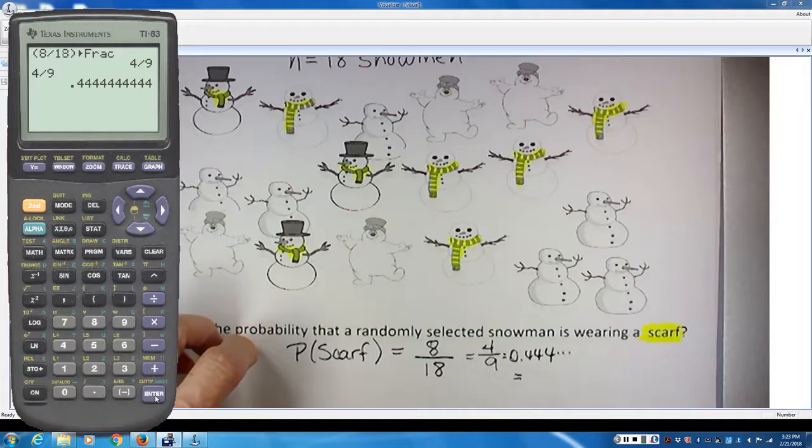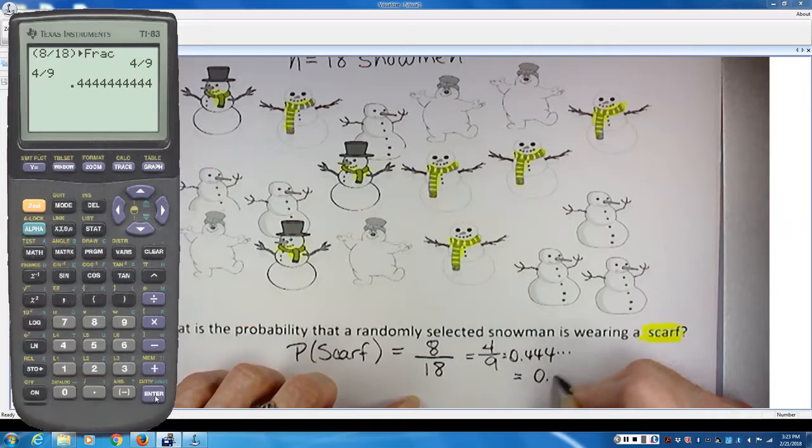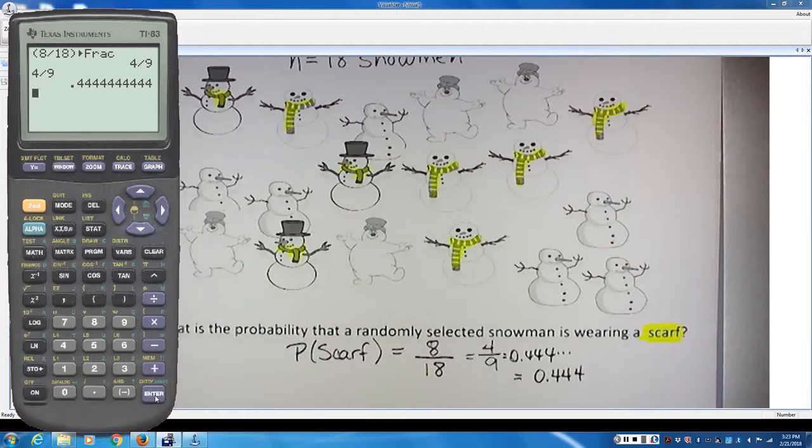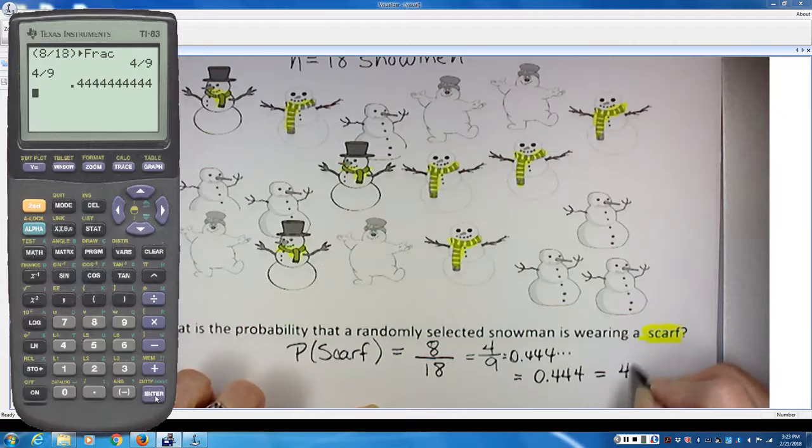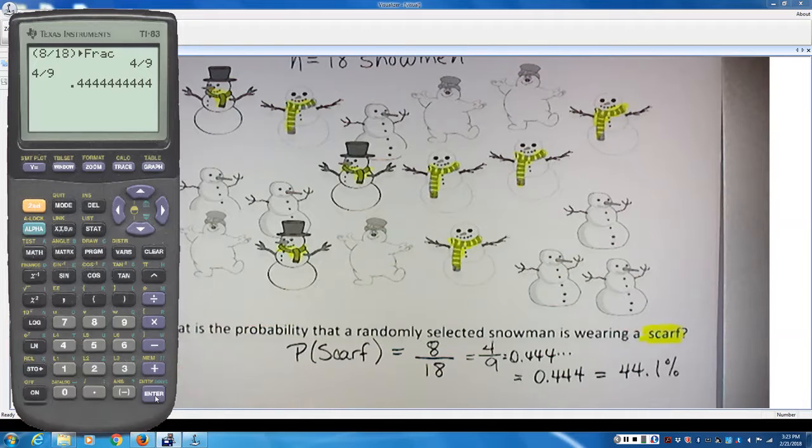And if I tell you to round that to 3 decimal places, that's an acceptable answer. And if I tell you to change it to a percentage, I always want you to have at least 1 percentage decimal point. So I want you to round to 3 decimals before you round to a percent, not just 2. Don't call that 44%, because it's actually a little bit more. I'm sorry, it's not 44.1 either.